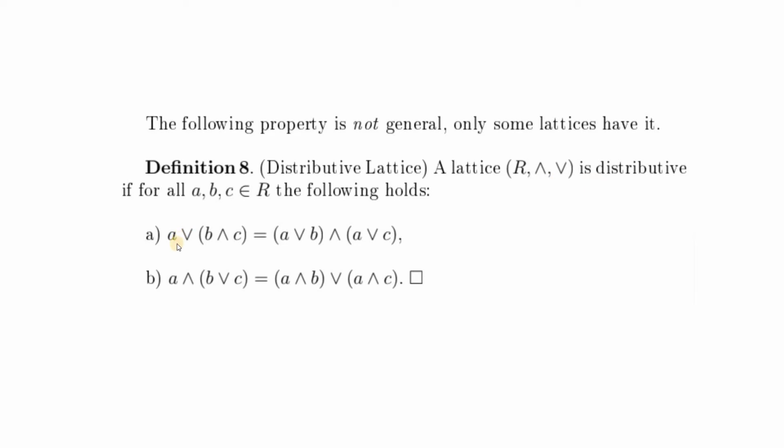If you have the OR operation applied in this way, you can distribute. That's why it's called a distributive lattice. The same holds with the AND operation. For example, propositional logic is indeed distributive.